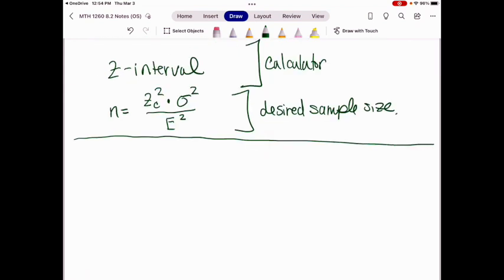So now let's look at what happens when we don't know the standard deviation. And this is what happens in most of the cases. It's usually the case where you don't know what the population standard deviation is, so you're required to use the sample standard deviation in order to make an estimate for your sigma. And the normal distribution only works well when you're finding confidence intervals if you know sigma.